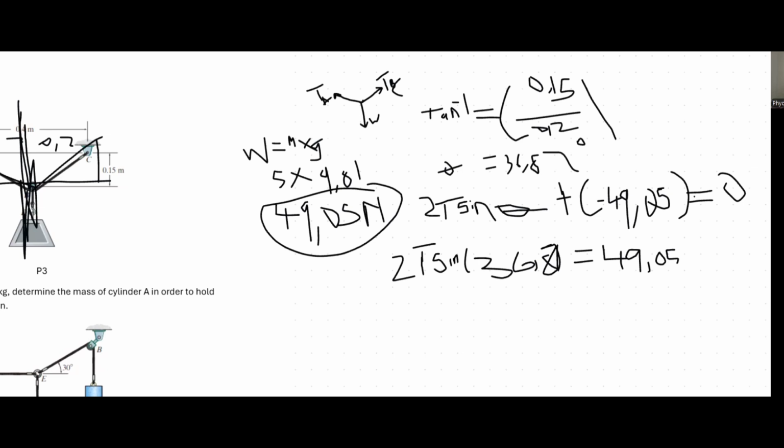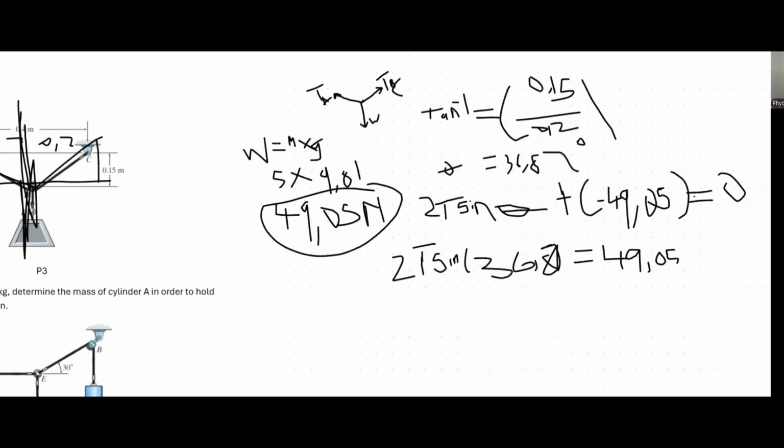2 sine, what is it? No, 1.20. So we say 49.05 divided by 1.20.